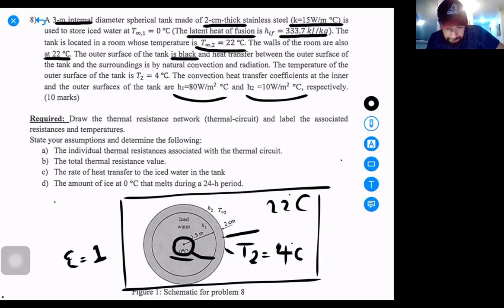So the question asks me to draw the thermal resistance network, the thermal circuit, and label the associated resistances and temperatures.